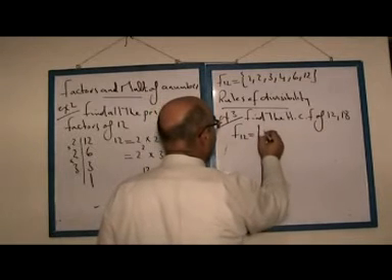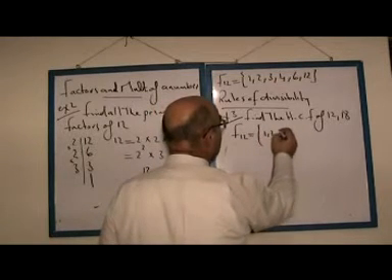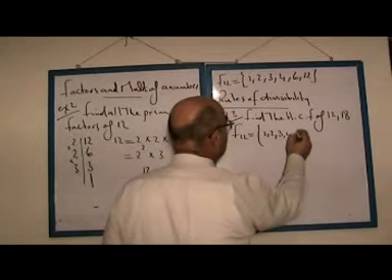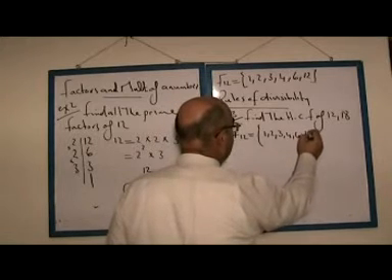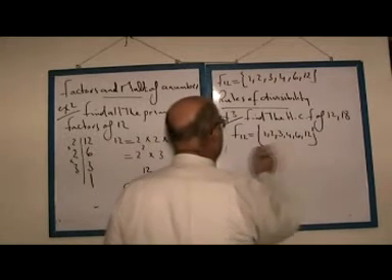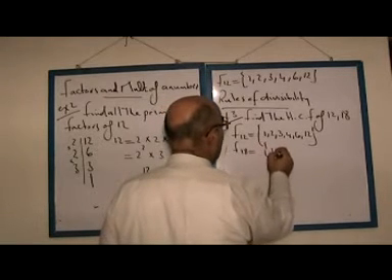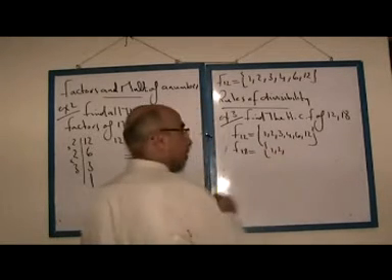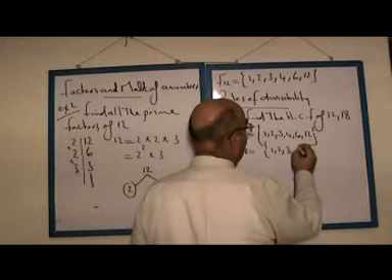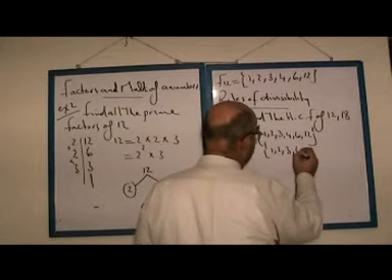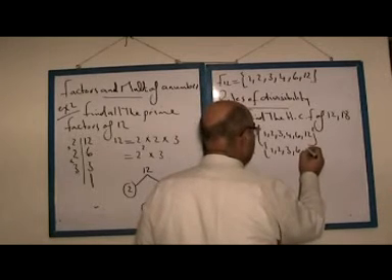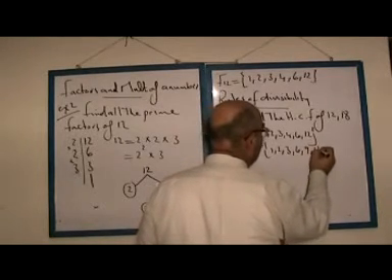Now we do factors of 12. 1, 2, 3, 4, 6, and 12. Factors of 18. I'll go like that. 1, 2, that's right. 3, 4 is not, 5 is not, 6, 7 is not, 8 is not, 9, and 12, and 18.